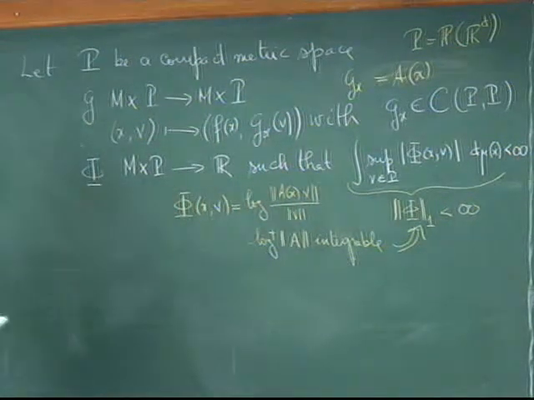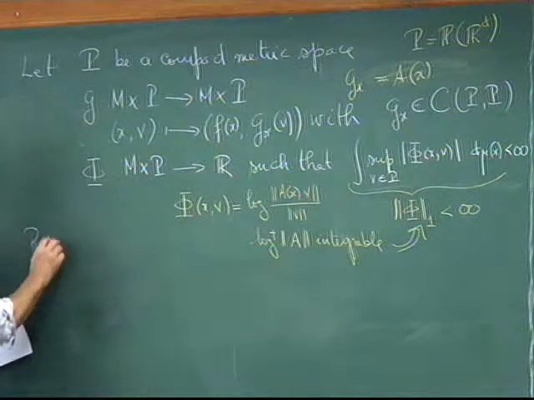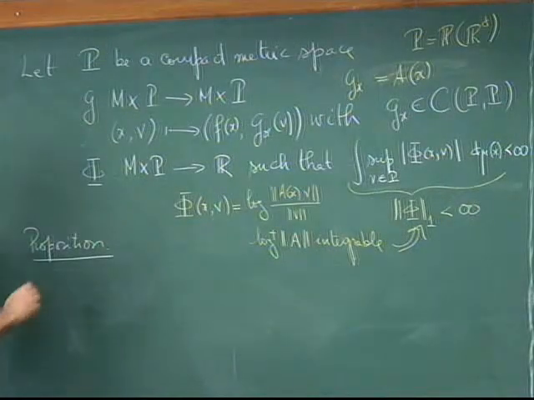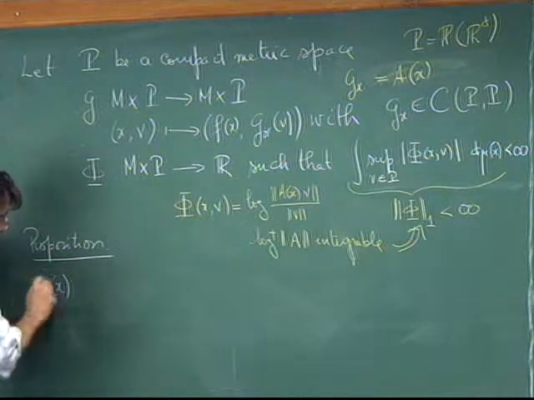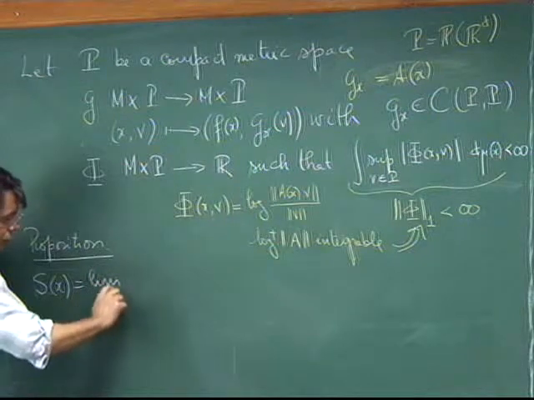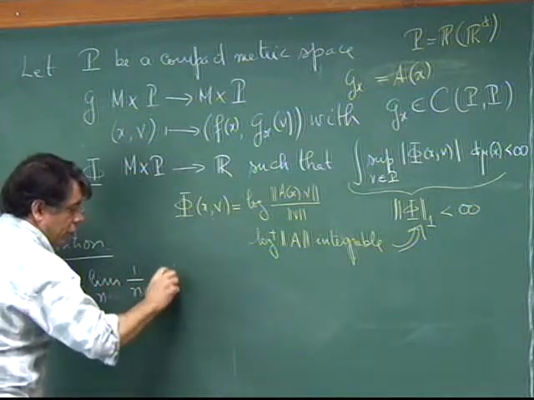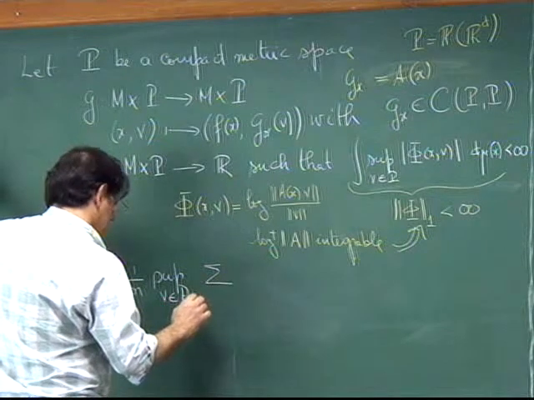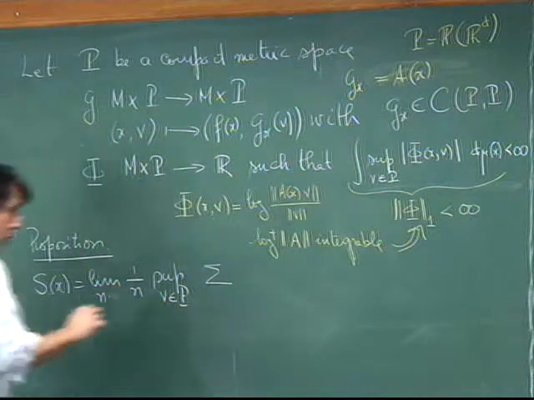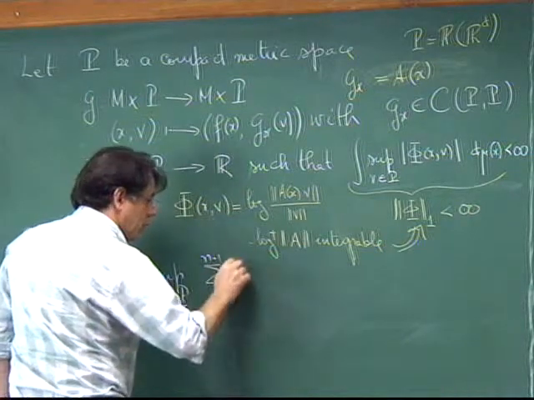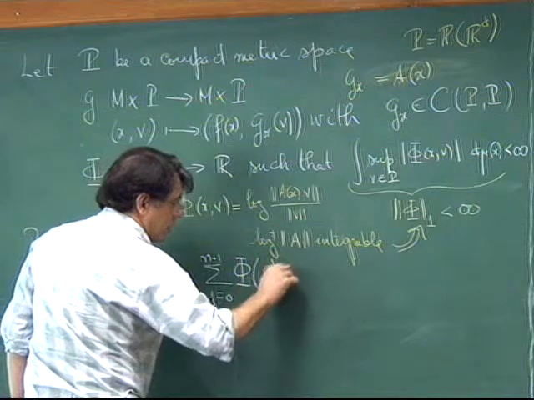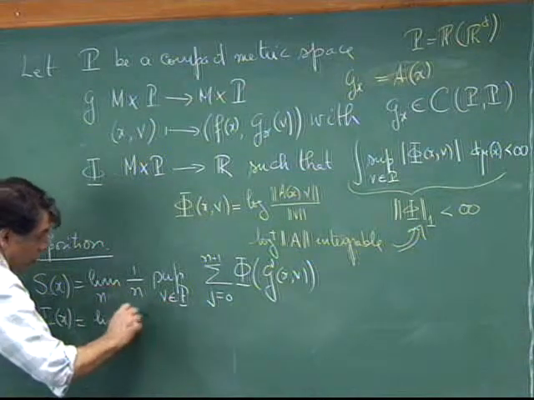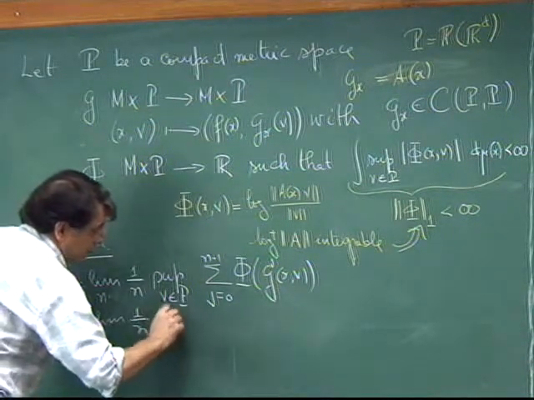Okay? And the proposition says that the limits I of x equals, or S of x equals, the limit as n goes to infinity of 1 over n of the supremum over v of the sum from 0 to n minus 1 of phi of g^j of x, v, and the corresponding notion where instead of the supremum we take the infimum.